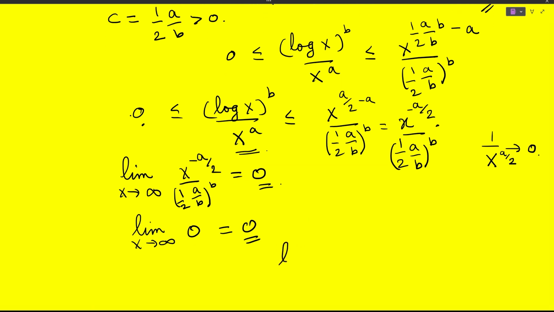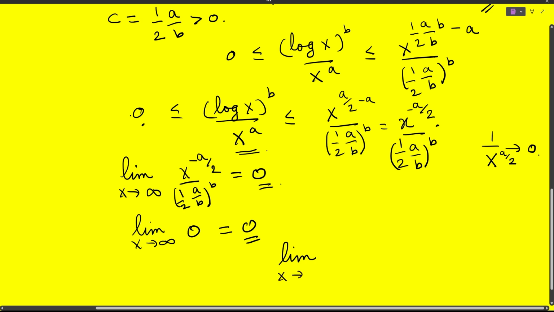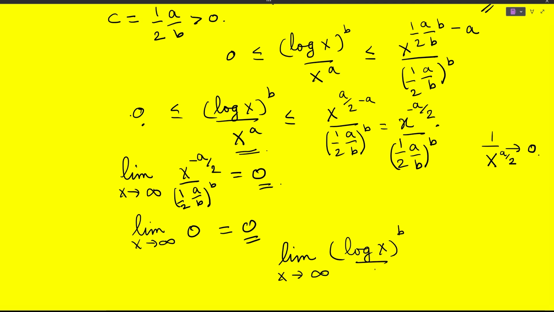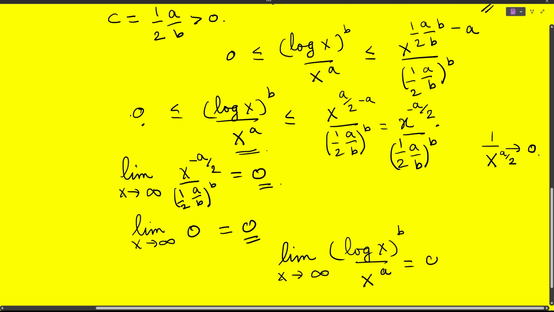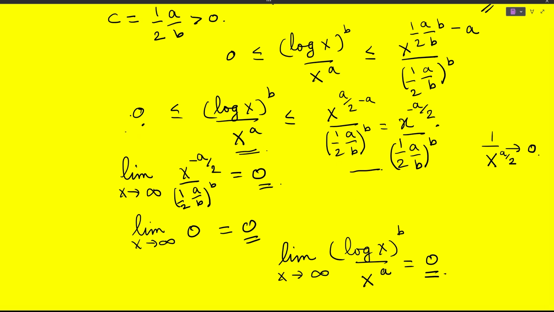So this is the limit as x tends to infinity of log x to the power b divided by x to the power a is 0, right? Because the right hand side tends to 0 and the left hand side is already 0. So what you can conclude is that the middle term, as you take x to infinity, goes to 0. So that's how you prove this particular limit, which is very interesting.